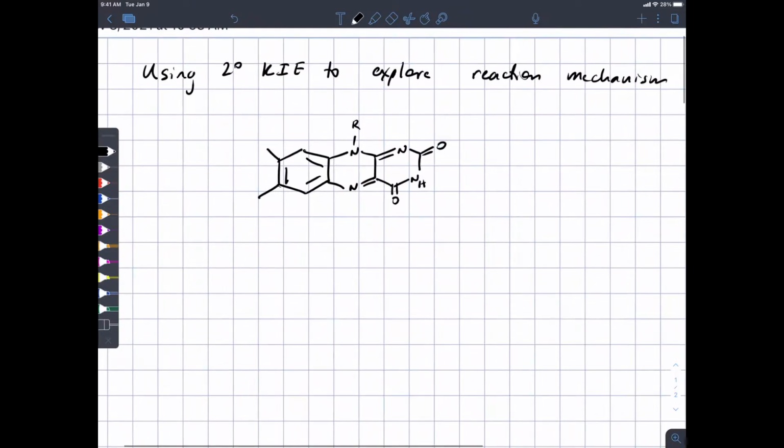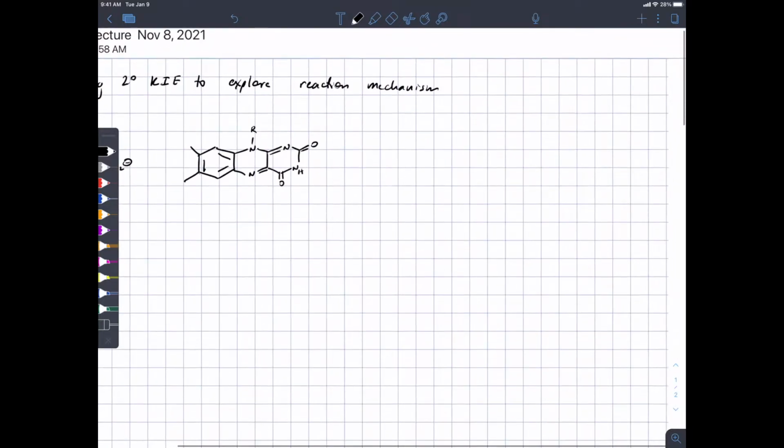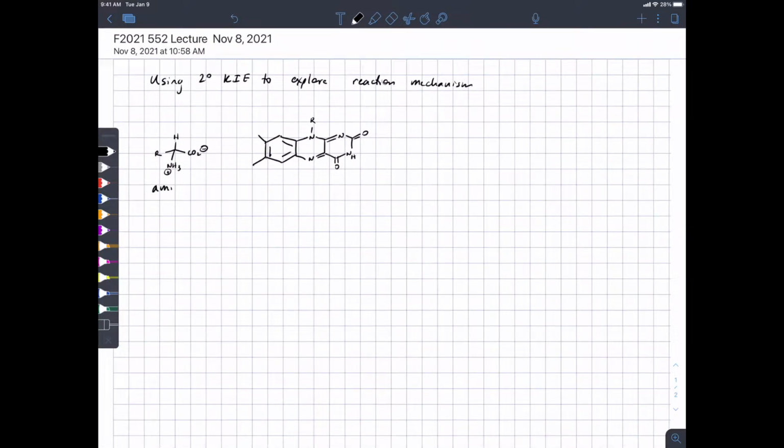And this reaction involves the reduction of an amino acid, which I'm just going to draw like this and not worry about the stereo center. But this reaction will oxidize the amino acid to an imino acid, right?